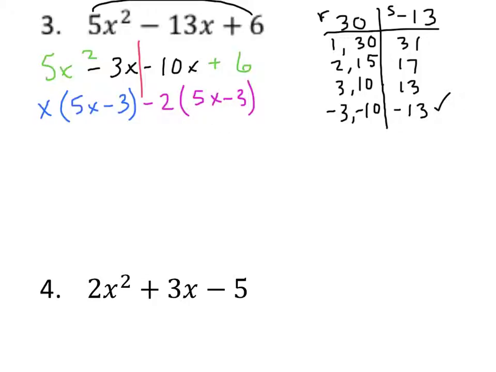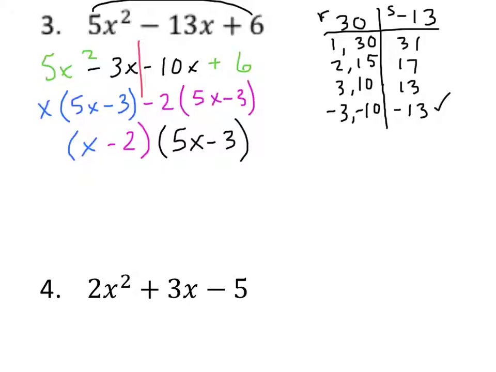So since I want these to be the same, that's what I got to do. Alright, so we have the x from the blue and the purple 2, and then what's in the parentheses stays together. And we have our factored form.